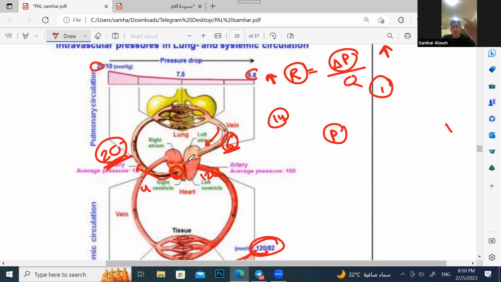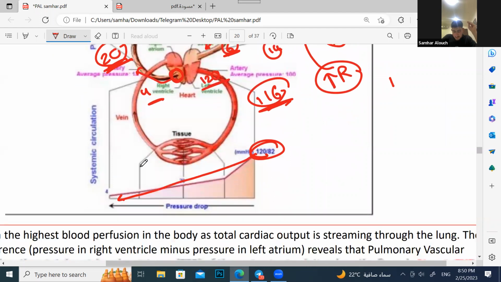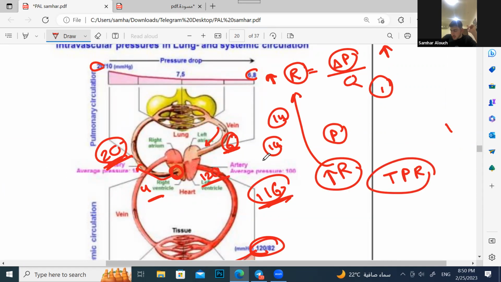The systemic circulation, because the difference in pressure is 116, and here in the pulmonary, the difference is 14. So a 116 pressure difference is way higher, so it will have a very high resistance. The resistance of the systemic circulation is called TPR, and the pulmonary is called PVR, I guess, right?